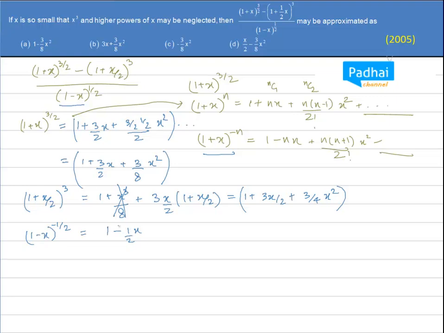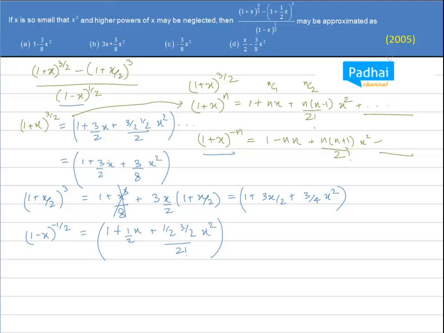Now this minus minus will get plus because x is negative and the power is also negative. So this will be x by 2, and now this will be n into n plus 1, so half into half plus 1, which will be 3 by 2, upon 2 factorial into x square. No need to solve further ahead.